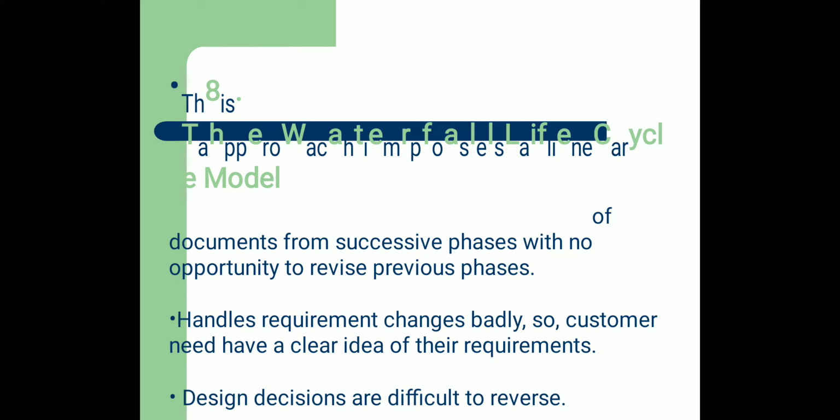Design decisions are difficult to reverse. So if the customer has not given a full-fledged analysis, then once we go for the designing, we cannot go back and analyze, because it is very difficult, and redesigning also increases the cost.